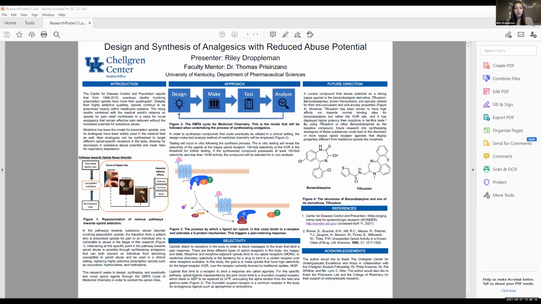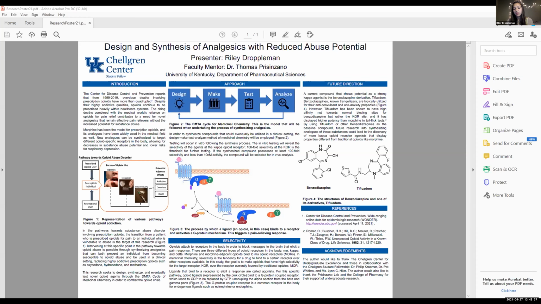And with kappa, whenever we target kappa, we can make ligands that work at this receptor site and still have the pain relieving qualities that are equal or even more than morphine, but do not have these side effects. Of course, kappa does have its own set of side effects, such as hallucinations or dysphoria, which is the opposite of euphoria.